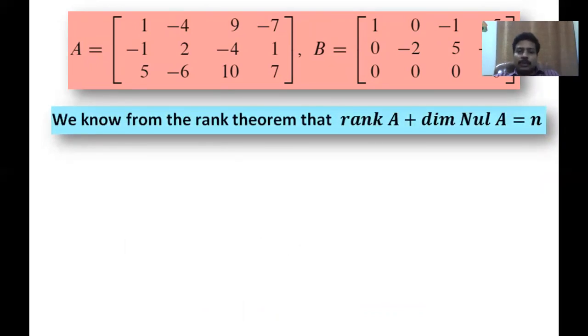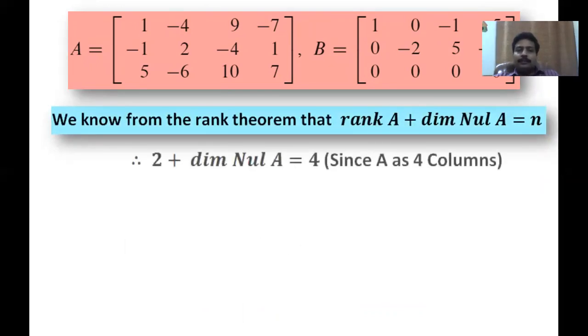So this is what we discussed. From the rank theorem, we know that rank A plus dimension of null A is n. So rank A is 2 plus dimension of null A is equal to 4. N is 4 here since A has 4 columns. So dimension of null A is equal to 4 minus 2, that is 2.